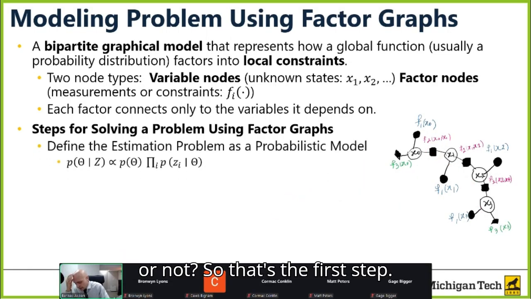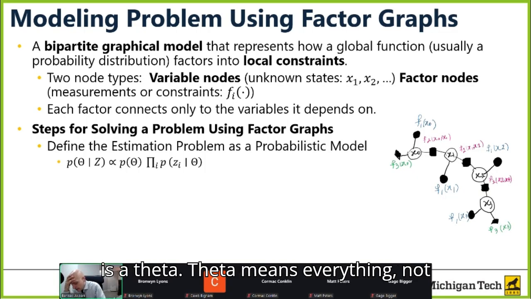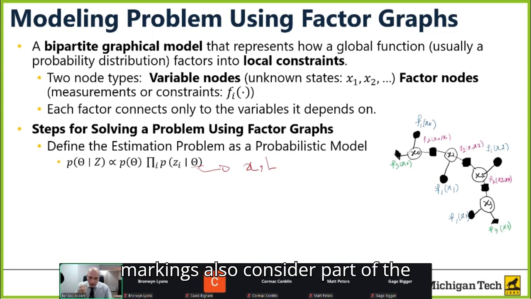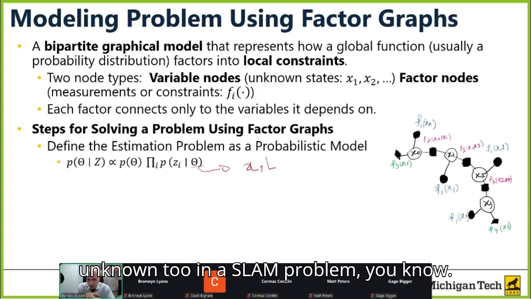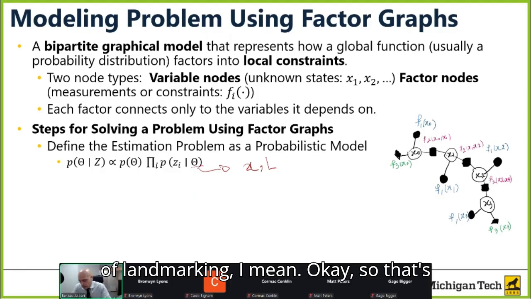That's the first step. Can we define this or not? The first step is to define, okay, here is a theta. Theta means everything, not just X. Even landmarks are considered part of the unknown too in a SLAM problem, you know, the position of the landmarks, I mean. Okay, so that's the first step.